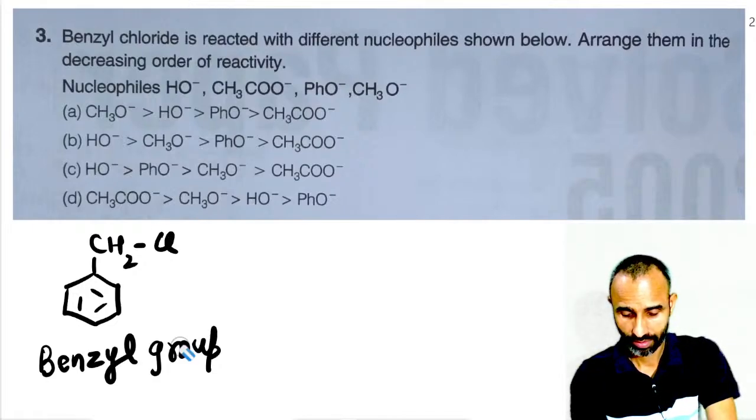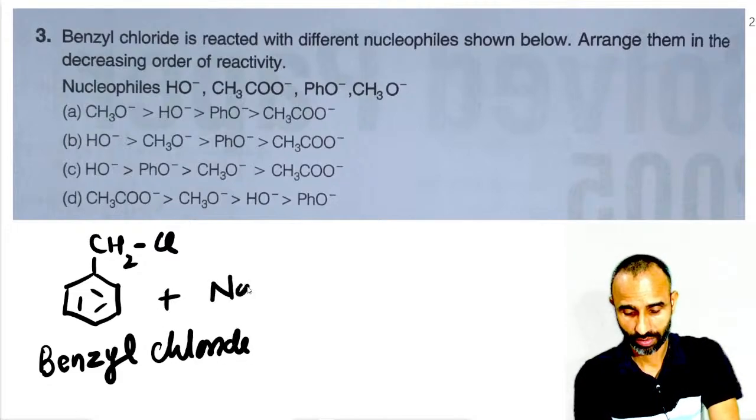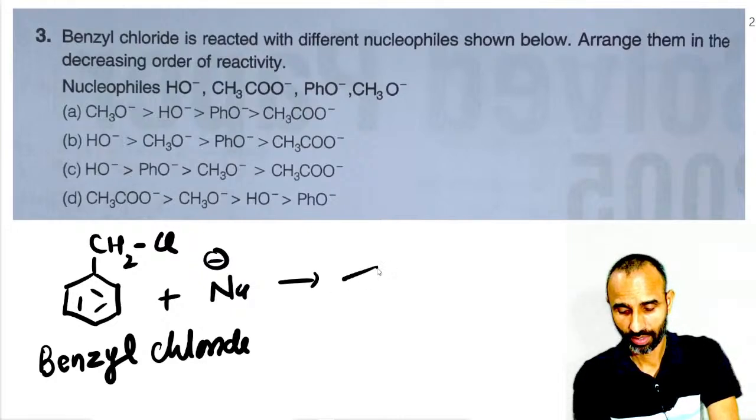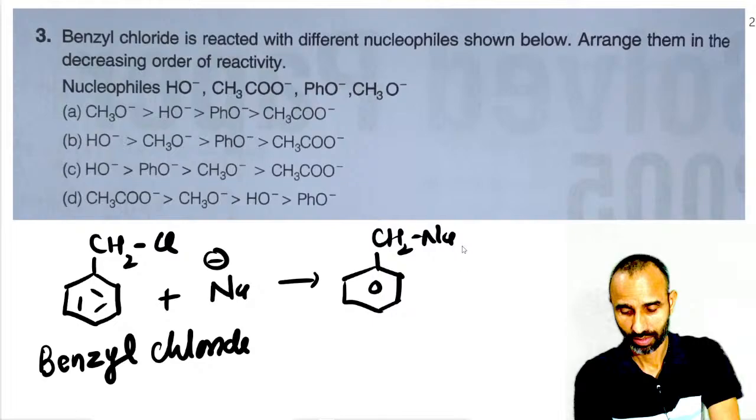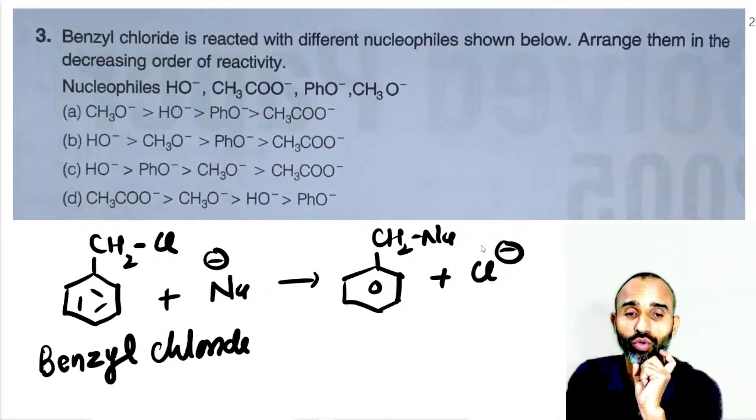So benzyl chloride reacts with a nucleophile to give this reaction. So tell me, what is the reactivity order of these nucleophiles?